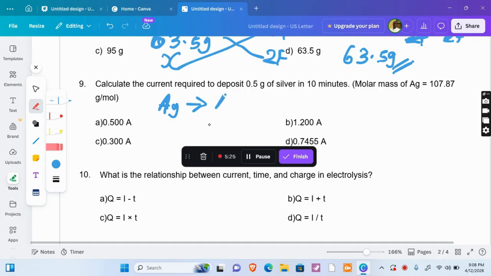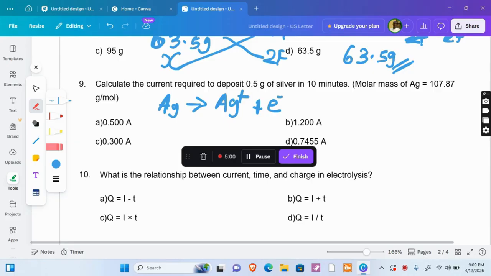From normal chemistry, we know that silver has a charge of +1. So it loses 1 electron. It's not like copper that loses 2.